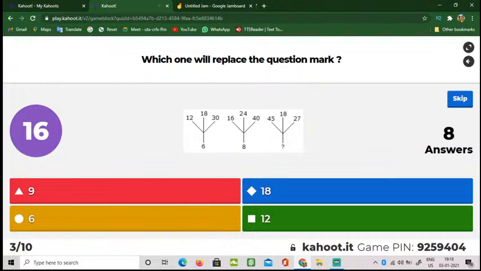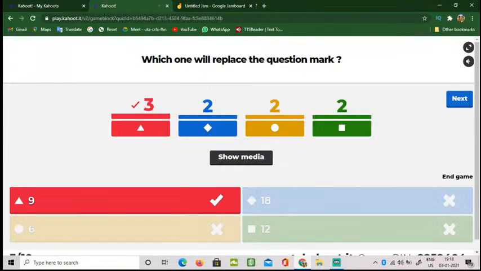I have got 8 answers and still 15 more seconds are left. Okay, I think only a few of them have answered it, and only 3 of them got it correct.